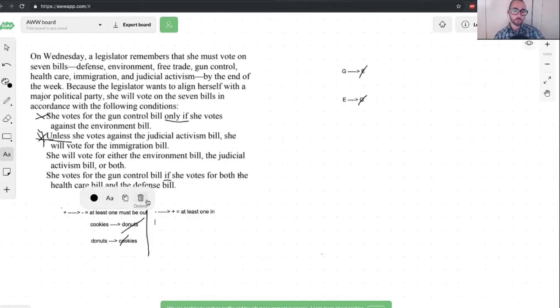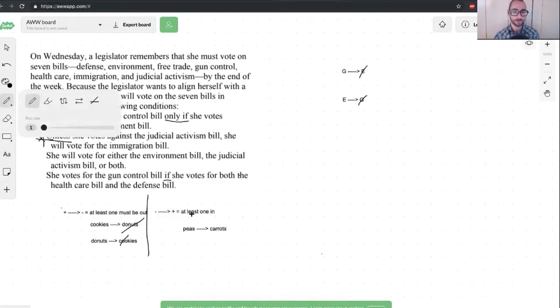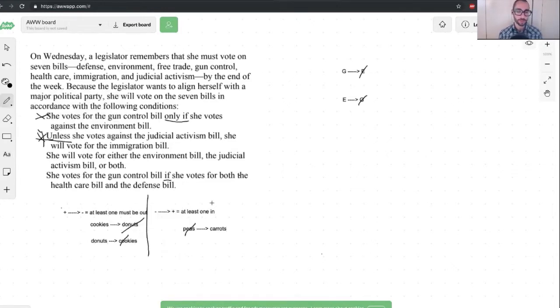So I think of this one with a different example. What I do with this one is I say, if you don't eat your peas, then you must eat your carrots. So not peas, then carrots. So if you do not have one, you must have the other, because they're good for you, they're vegetables. So what would the contrapositive of this one be?